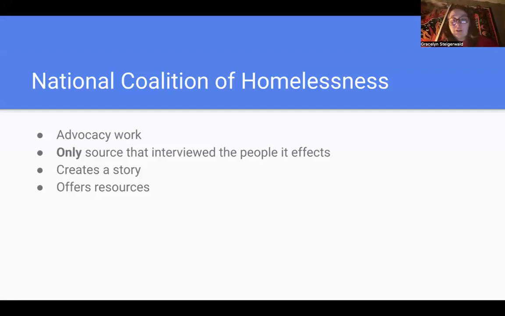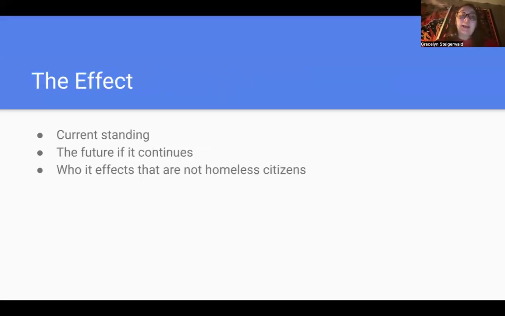They also offer a lot of resources on their website, for people who are experiencing homelessness suddenly, or if there's a likelihood that they'll experience it in the future. And the current standing of hostile architecture is increasing, and it is trickling into private businesses.